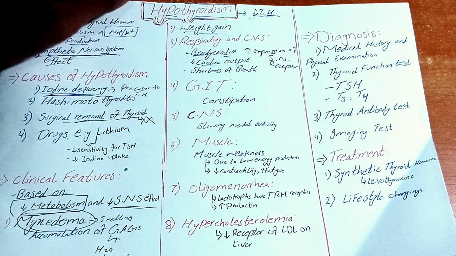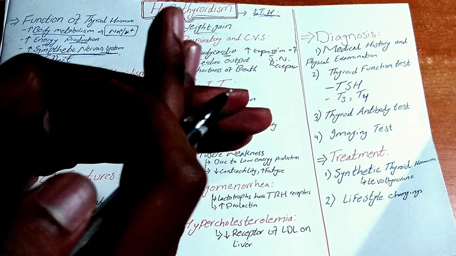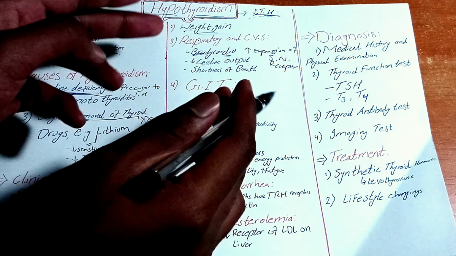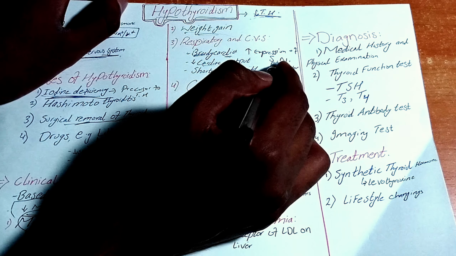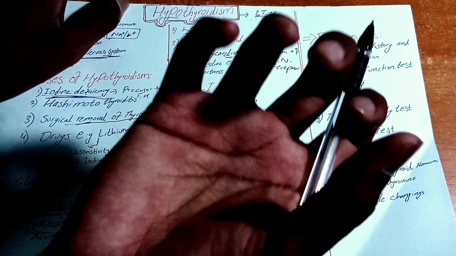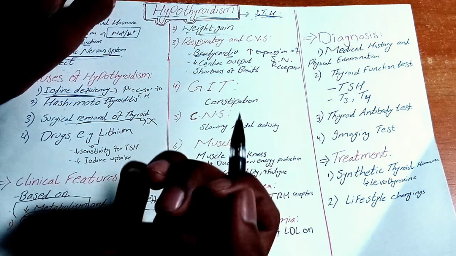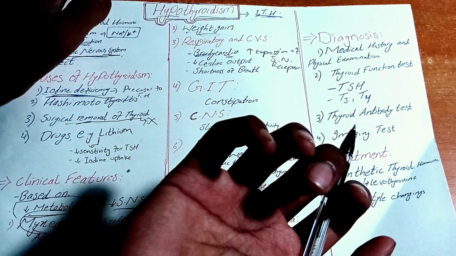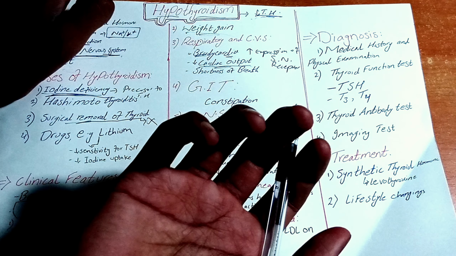When this receptor expression starts decreasing, and sympathetic nervous system activation decreases upon thyroid hormone decrease, then the contractility of cardiac muscles will decrease. If cardiac muscle contractility decreases, it comes out as bradycardia or decreased heart rate. If heart rate decreases, then obviously cardiac output also decreases.